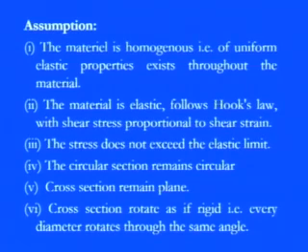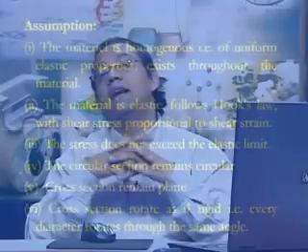Second, the material is elastic and follows Hooke's law, so the shear stress is proportional to shear strain, and the relation with G, the shear modulus of rigidity, is valid.